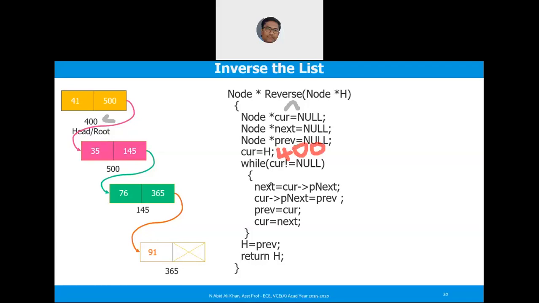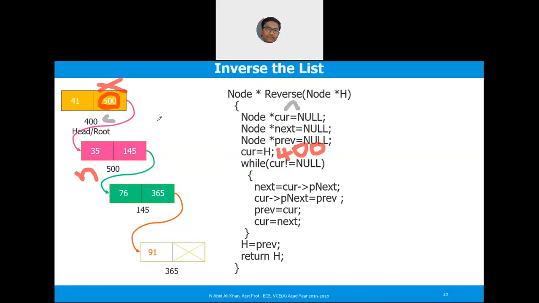Now what is next? Next = current arrow next. Current arrow next is 500. So this is my next, and this is my current. Earlier current arrow next, which was 500, I am removing. It is updated with previous, which is null. Previous is null.